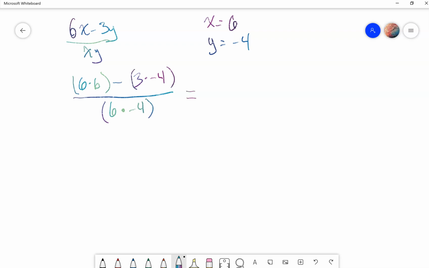All right, so 6 times 6 is 36. 3 times -4 is -12. But we have a -1 out here to multiply it by, so it becomes +12. 6 times -4 is -24.